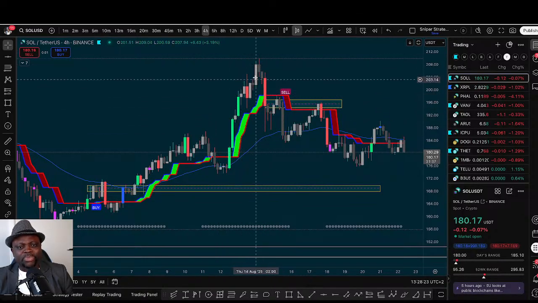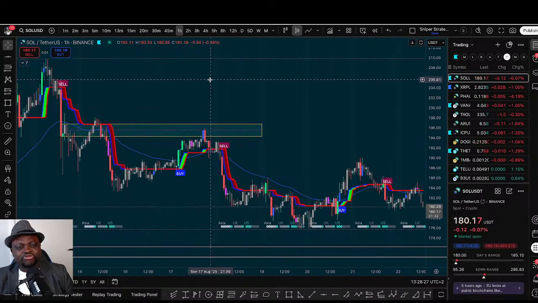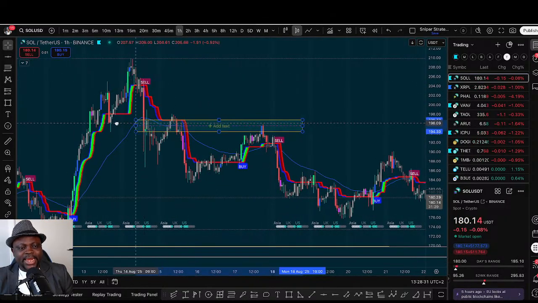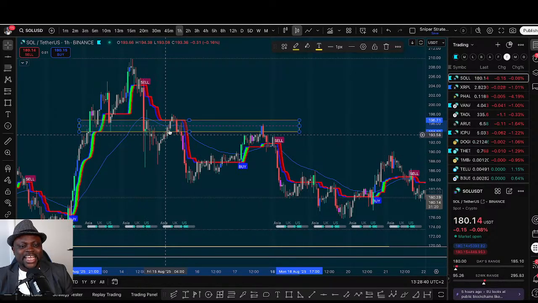I want to drop down to the 1 hour time frame to get my best entry. I've seen that price is doing that. Now I am going to get into this trade not when price is dumping here, but when price gets back there. Now, what did I mention to you guys earlier?